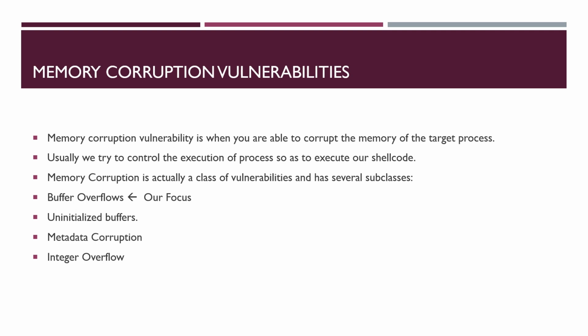Then you have metadata corruption. Metadata corruption is most commonly seen in heap overflows, where you have allocated some memory using malloc or similar functions. What malloc does is allocate a chunk of memory, but along with that, it adds some metadata so that it can be managed by free and other memory management functions.